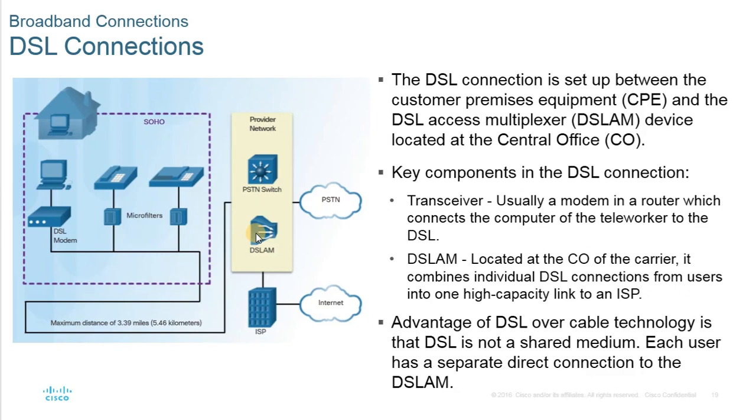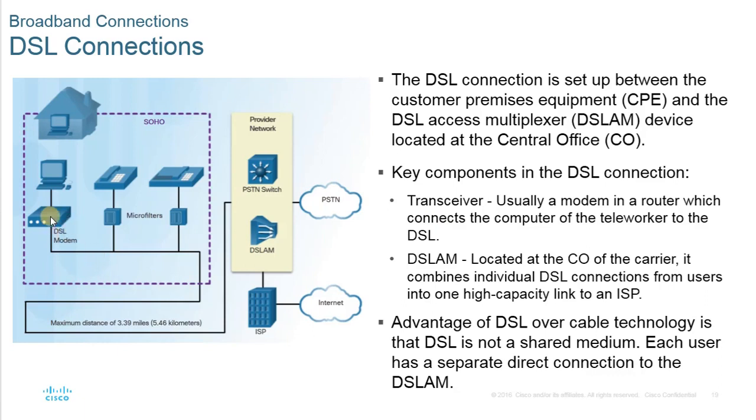That's one of the components of the DSL connection. The other hardware is mostly located on the subscriber side, which is the transceiver, usually a modem or a router which connects the computer of the teleworker to the DSL.